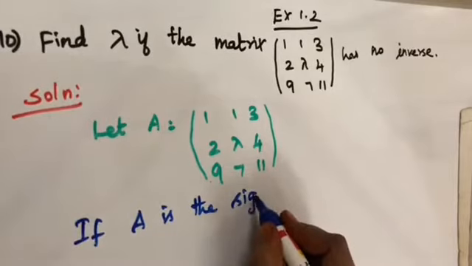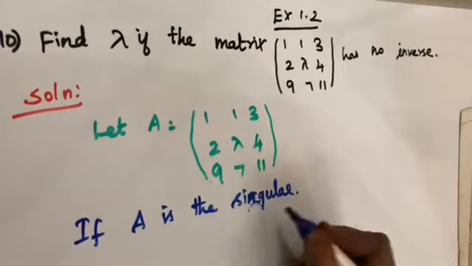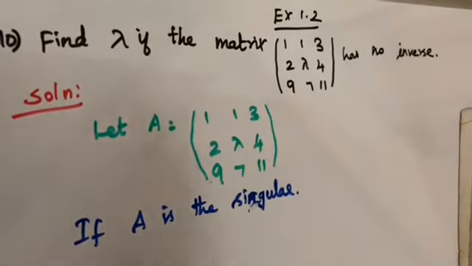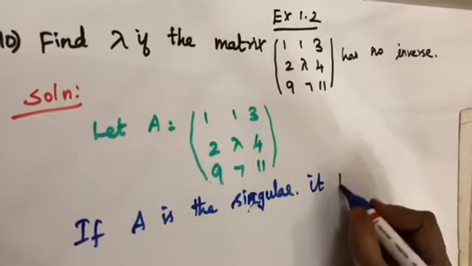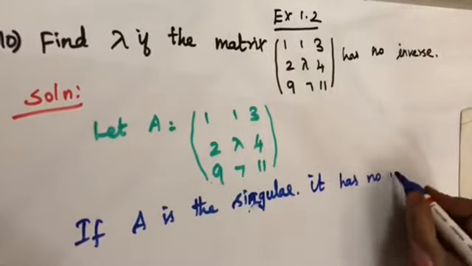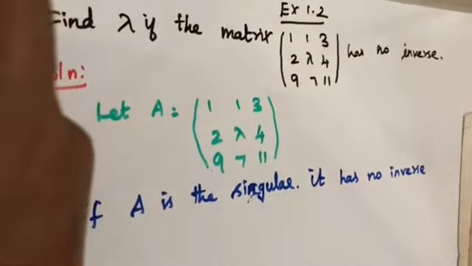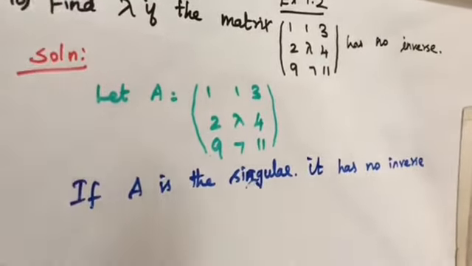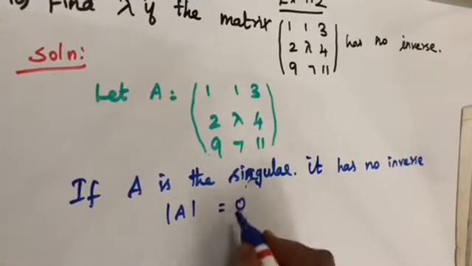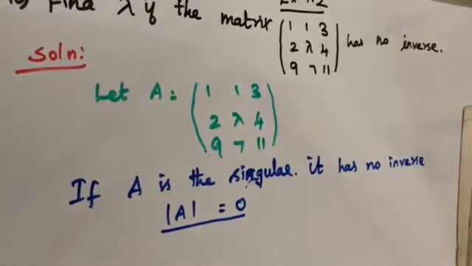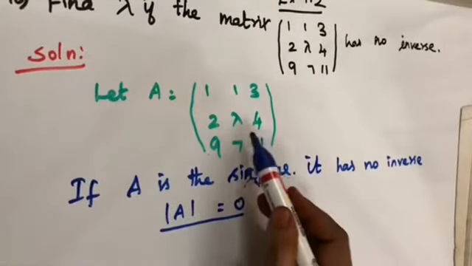For all non-singular matrices we can find the inverse, right? So if A is singular, then it has no inverse, and determinant A is equal to 0. This is the condition we have now. So we have to find the determinant value for this matrix.